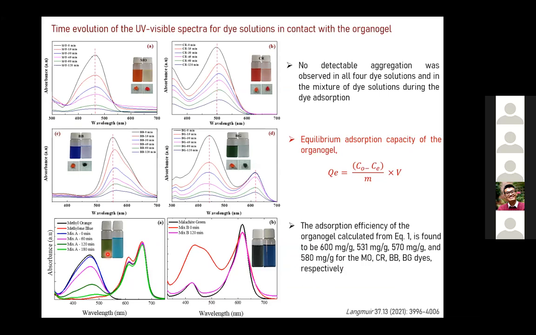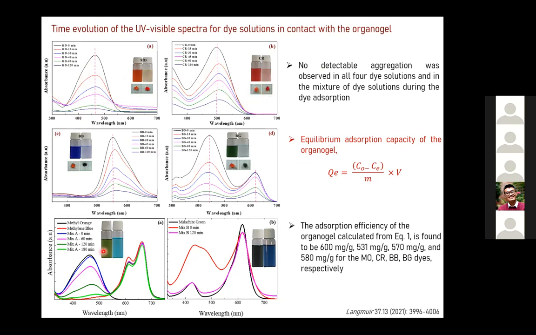We also monitored how the UV spectra evolve for the various dye molecules after contact with the organogel. So here we see almost negligible peaks, concentration. So most of the dyes get adsorbed.